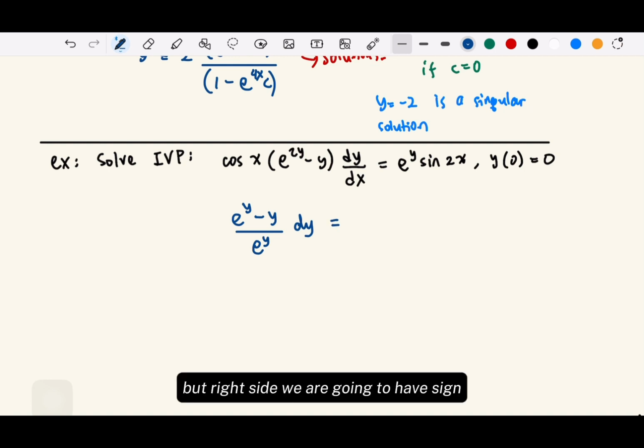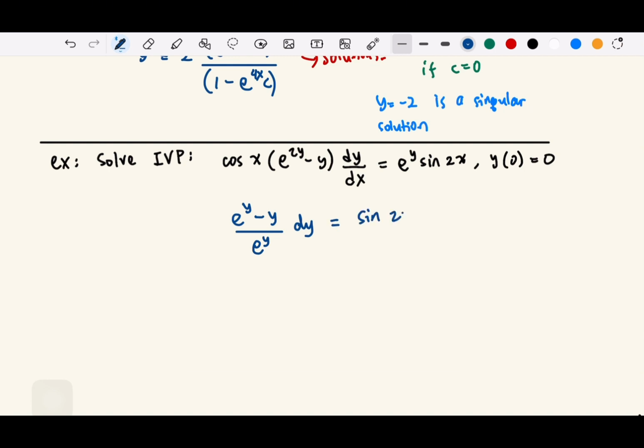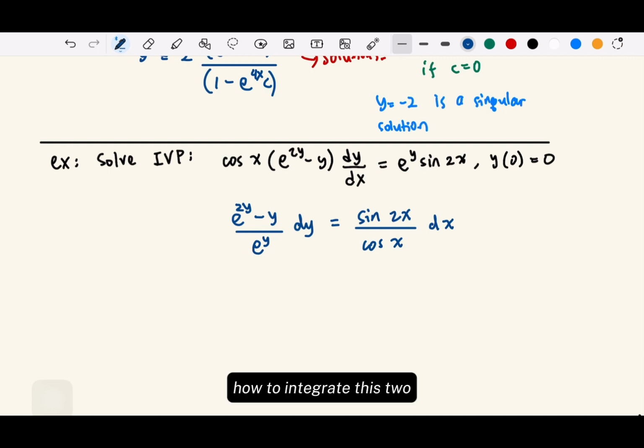For the right side, we are going to have sine. Okay, so how to integrate this? Okay.